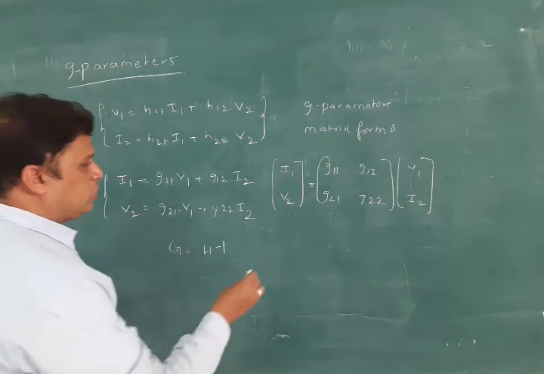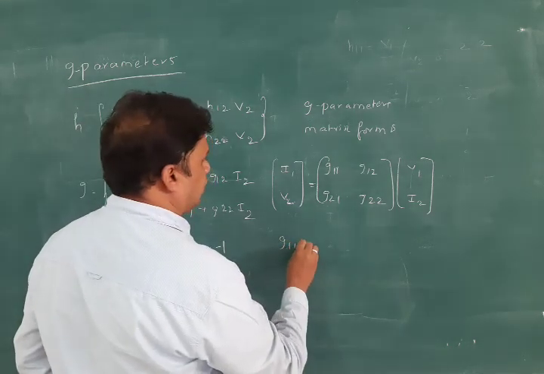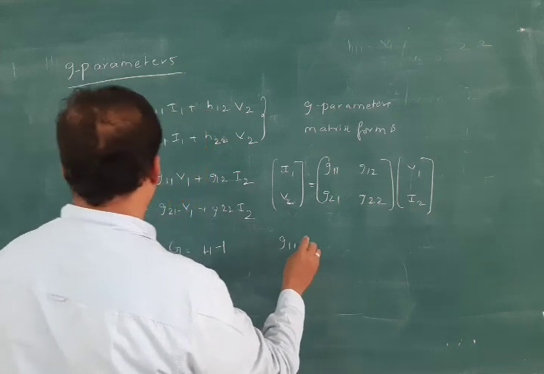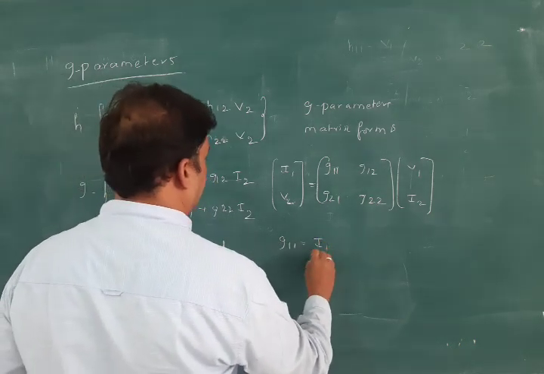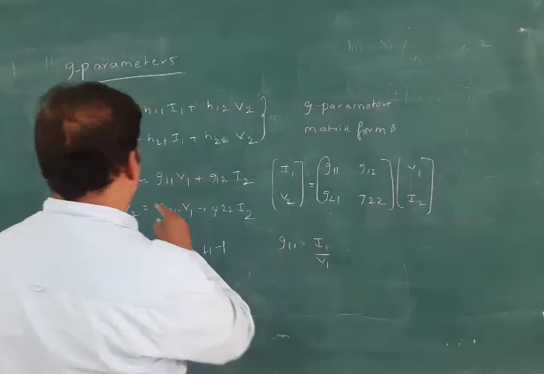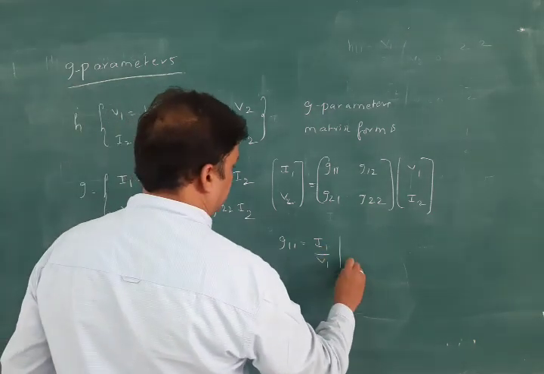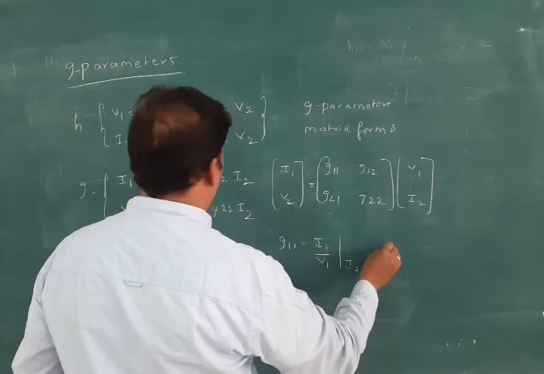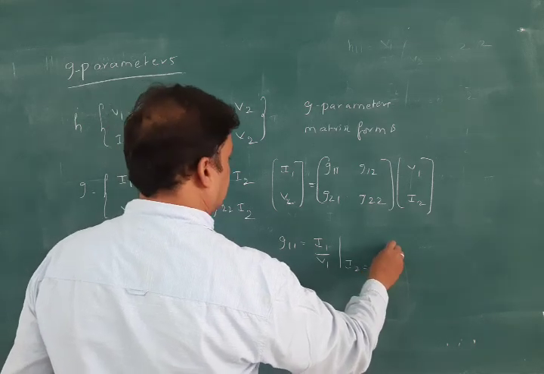Now we will write what is G11. G11 is equal to I1 by V1 at I2 equal to 0, and what is G21?